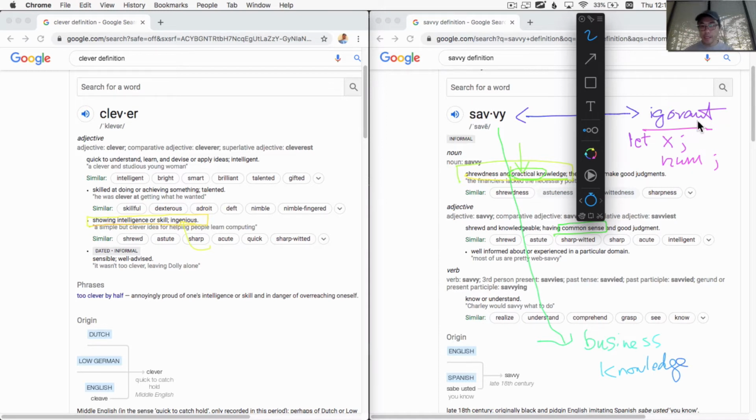So that would be ignorant code versus savvy code. Savvy code, very business oriented, a lot of business knowledge. Ignorant code, very little or none in terms of business knowledge. Clever, what do you mean by clever? Clever code is very intricate.